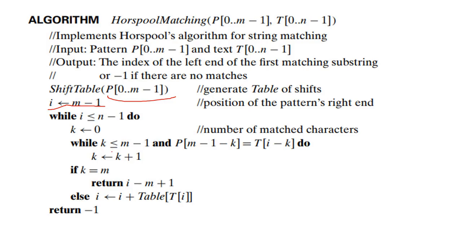While k is less than m minus 1, going through the backside, you check p of m minus 1 minus k and keep checking whether the element matches the text. If a match happens, k is equal to m.